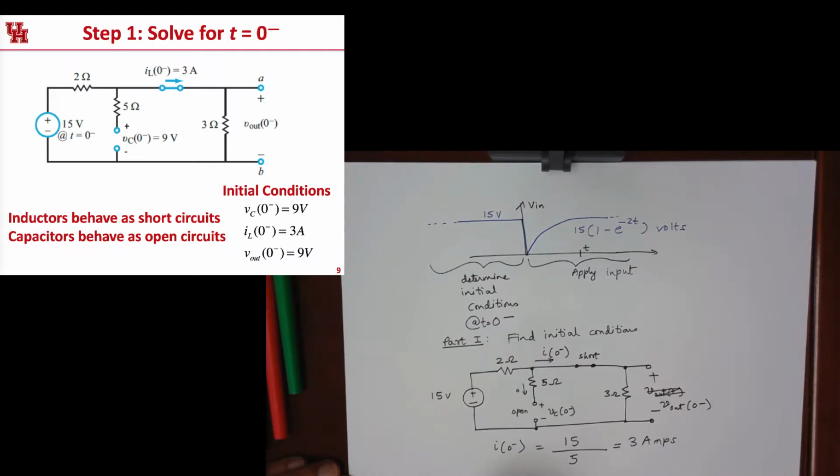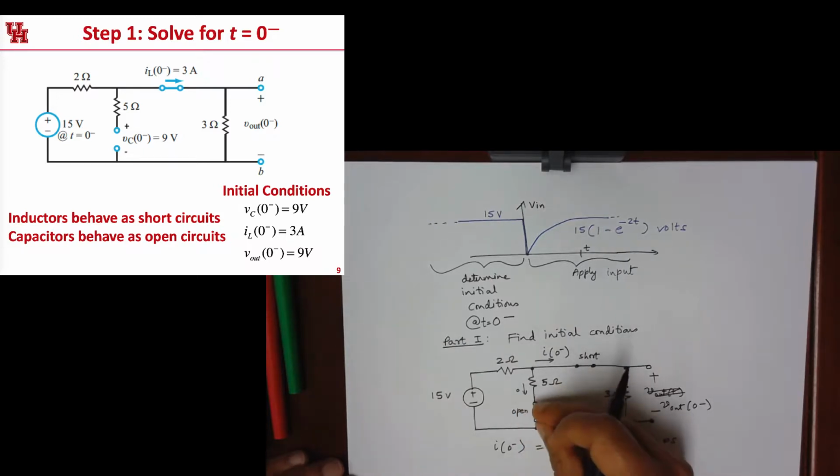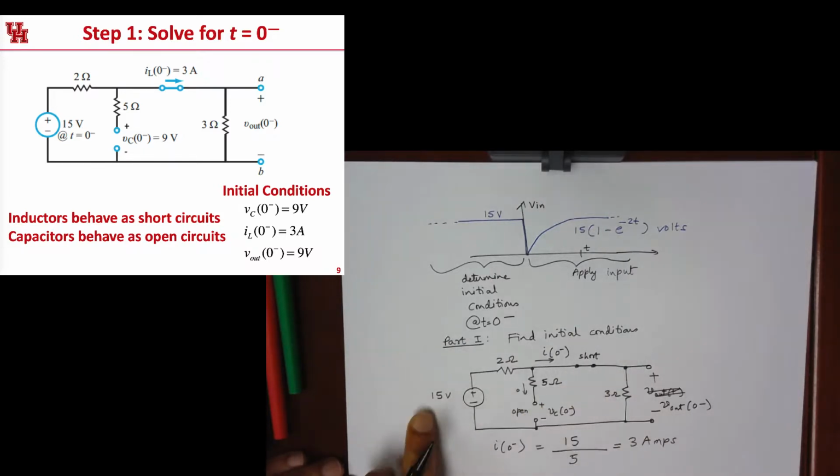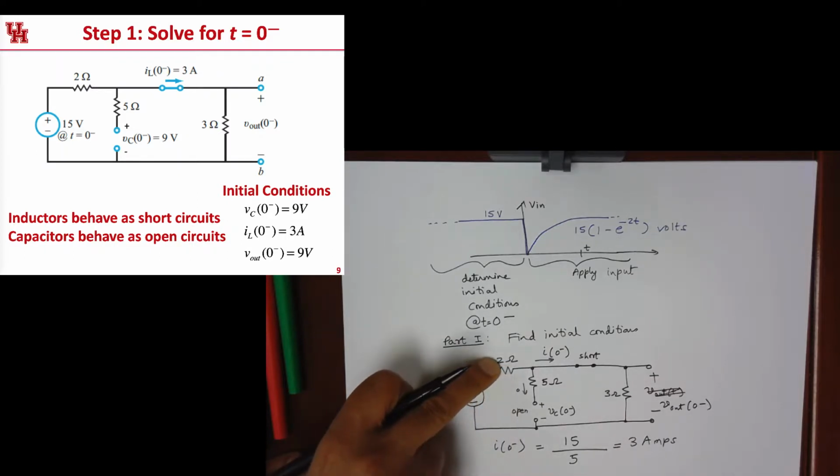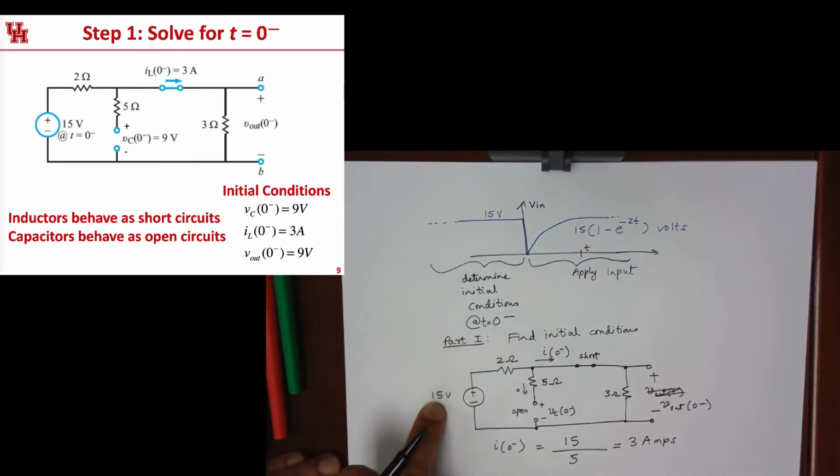So the initial conditions are now very clear. The voltage across the capacitor is going to be 15 volts minus 3 amps times 2 ohms, which is 6 volts. So 15 minus 6 is 9 volts. So V_C of 0 minus is equal to 9 volts.